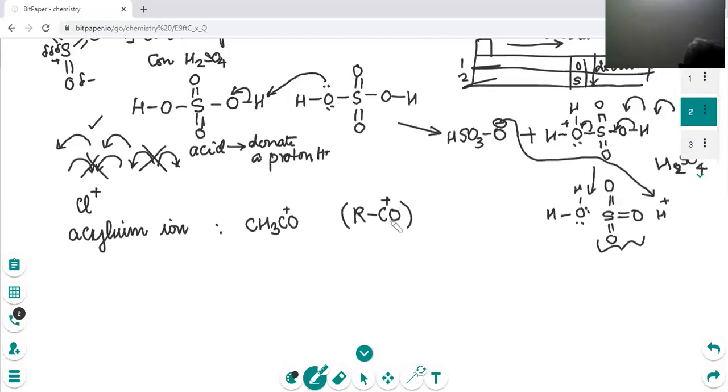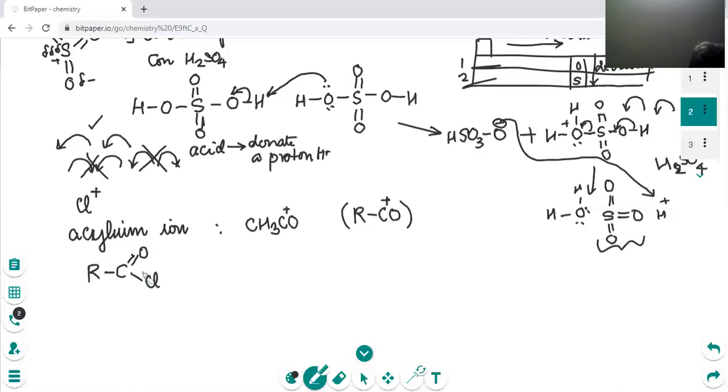Now, how will you form it? Can you guess from what this compound can be formed? Can you guess? The easiest way is you can prepare this from RCOCl. This is because you cannot break this bond.